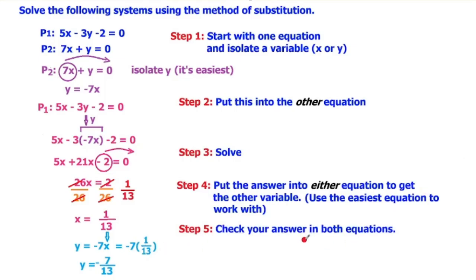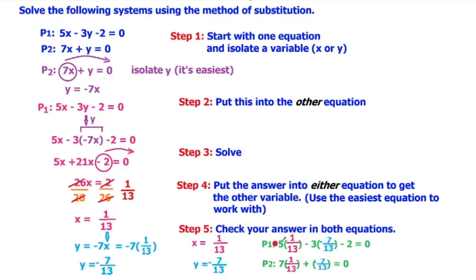Now we need to check our answers. Check your answer in both equations. What we have is x equals 1 over 13, and y equals negative 7 over 13. We're going to use both of these equations to see if we get 0 on both of them when we put in these numbers for x and y.